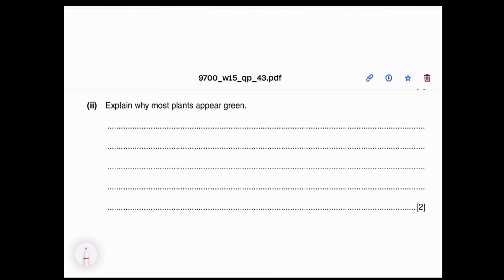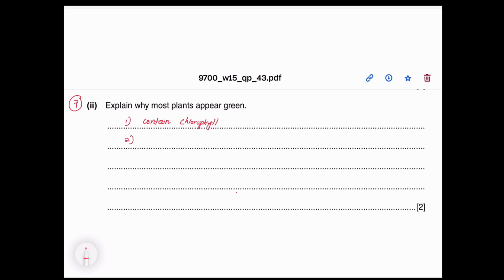Let's look at some relevant past year questions. This question is from October-November 2015, variant 43, question 7. The question is asking, why do most plants appear green? First point, we will say that it contains chlorophyll. And how does the chlorophyll appear green in color?